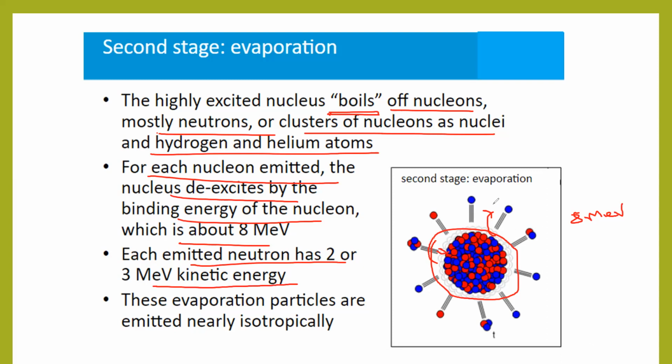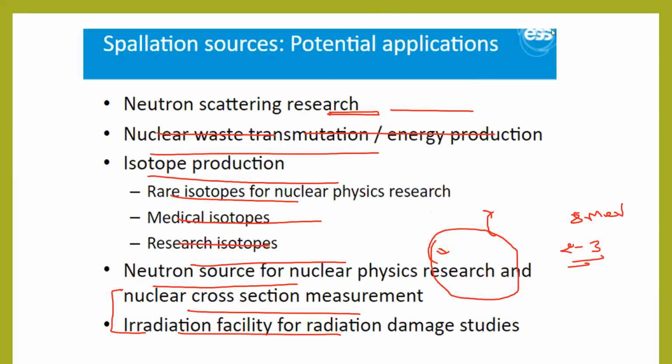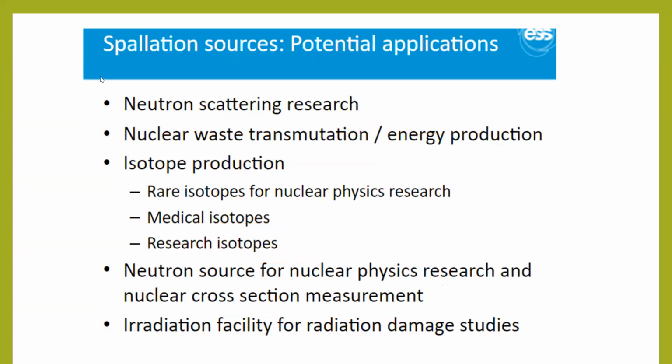The neutrons that are coming out have 2 or 3 mega electron volt energy. These evaporation particles are emitted nearly isotropically. So this is the second stage of nuclear spallation.